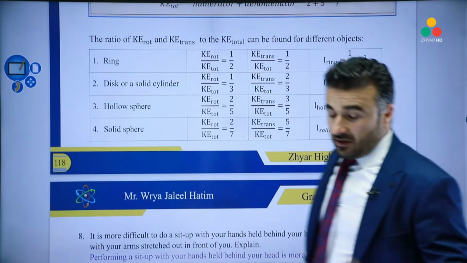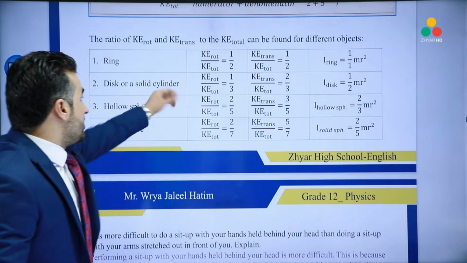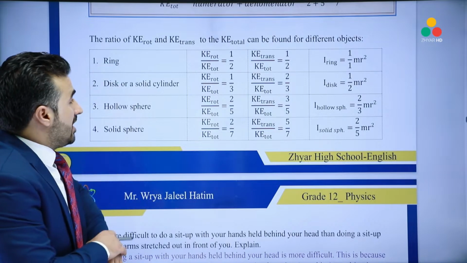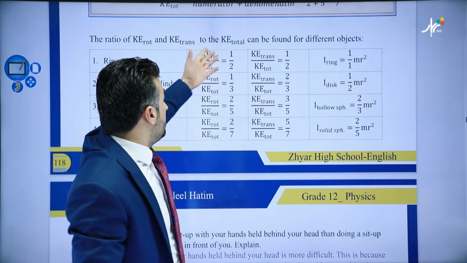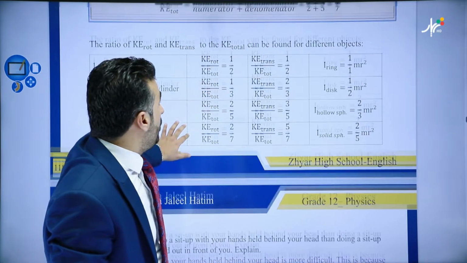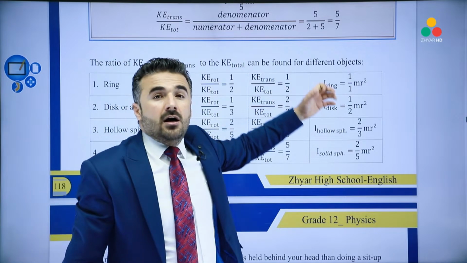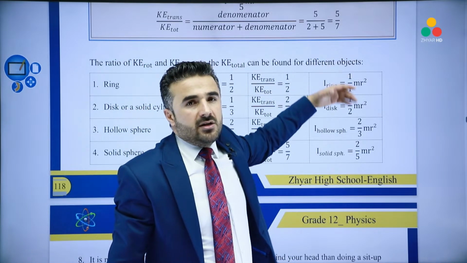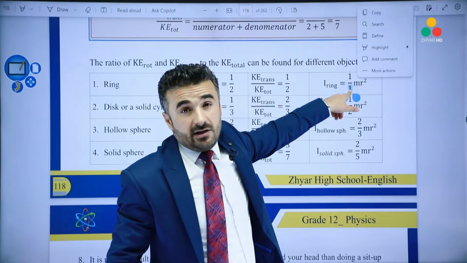This is true, by the way, for all the other shapes. Let's take a look at these, yeah? Remember, for a ring, for example, what is the rotational kinetic energy over the total kinetic energy? We said the equation for the rotational was numerator divided by numerator plus denominator. What is the numerator here? It is 1.